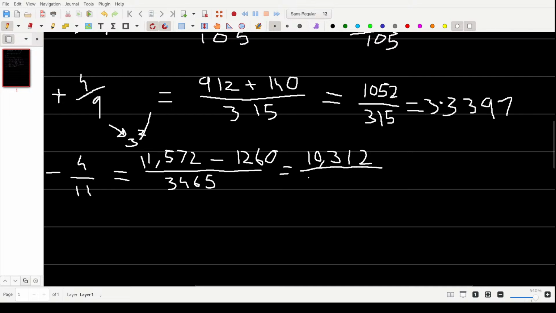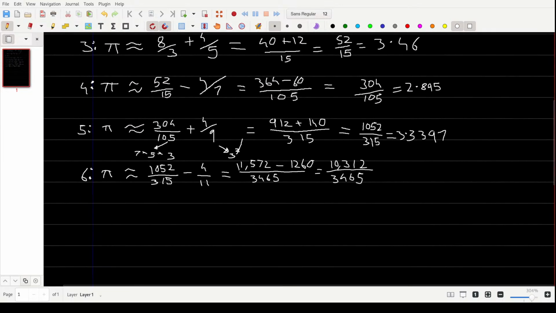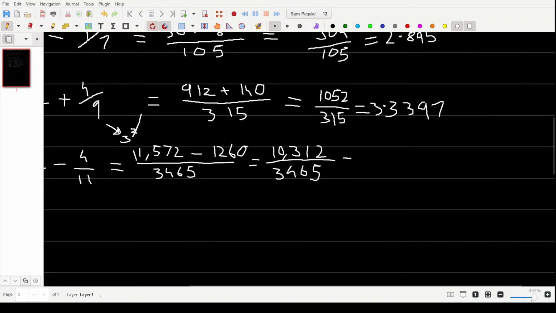So this is the estimate of pi. That's number 6. And what this comes out to in decimals is 2.976.